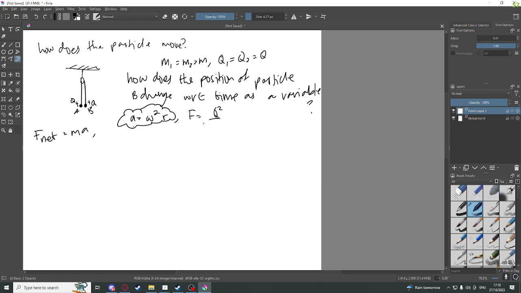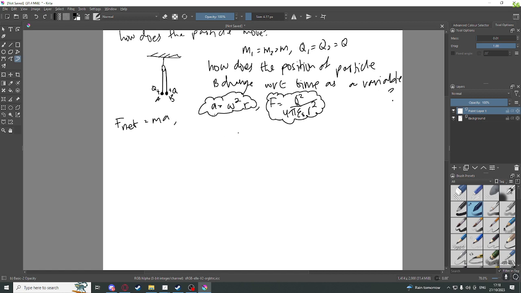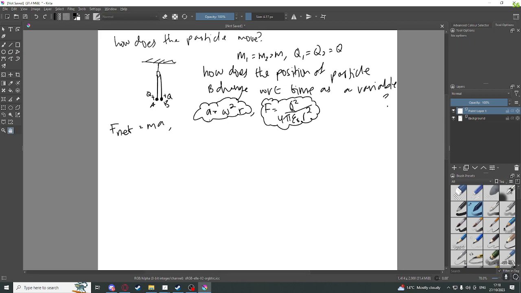Okay, so we'll be using this equation, and we'll also be using F is equal to Q squared all over 4 pi epsilon 0 r squared. So these are the equations we'll be using, and we're going to try and resolve this. And how does the position of the particle change over time?